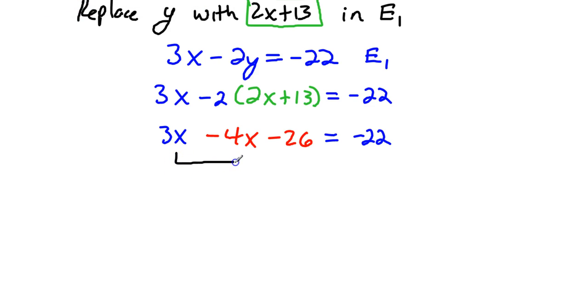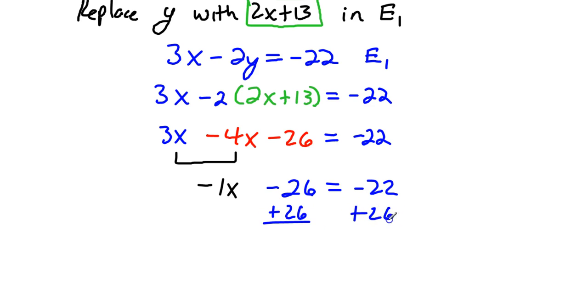You've got these two together, so do 3 minus 4, that's negative 1x, or just negative x, minus 26 equals negative 22. Add the 26. You've got negative 1x equals 4. When you divide by the negative 1, you get x is negative 4.